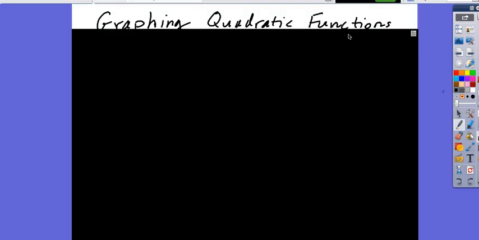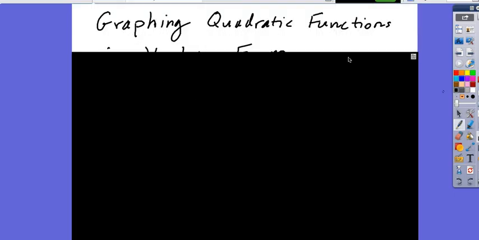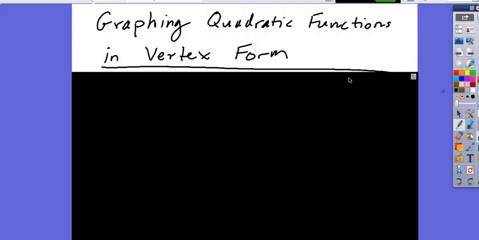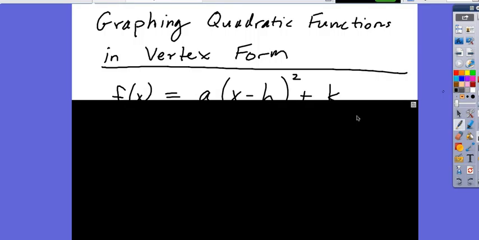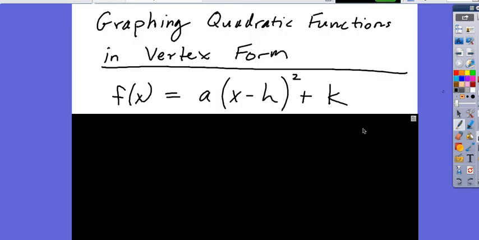Alright, graphing quadratic functions in vertex form. Okay, so graphing quadratic functions in vertex form follows the formula f of x equals a times x minus h, in parentheses, squared, plus k.